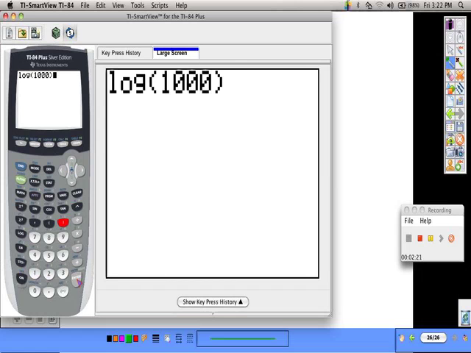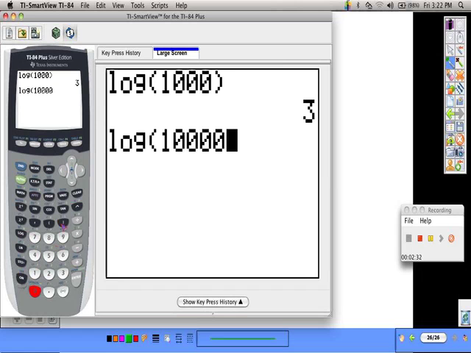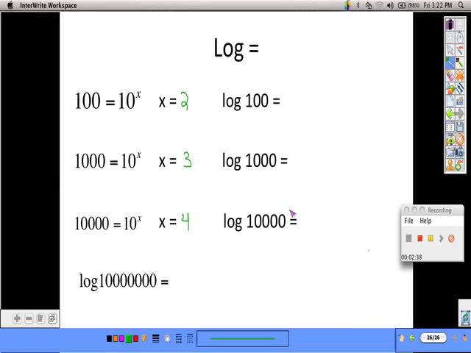Log of 1,000 equals 3. Log of 10,000 equals 4. So what this log is doing is it's giving me the exponents from this power.